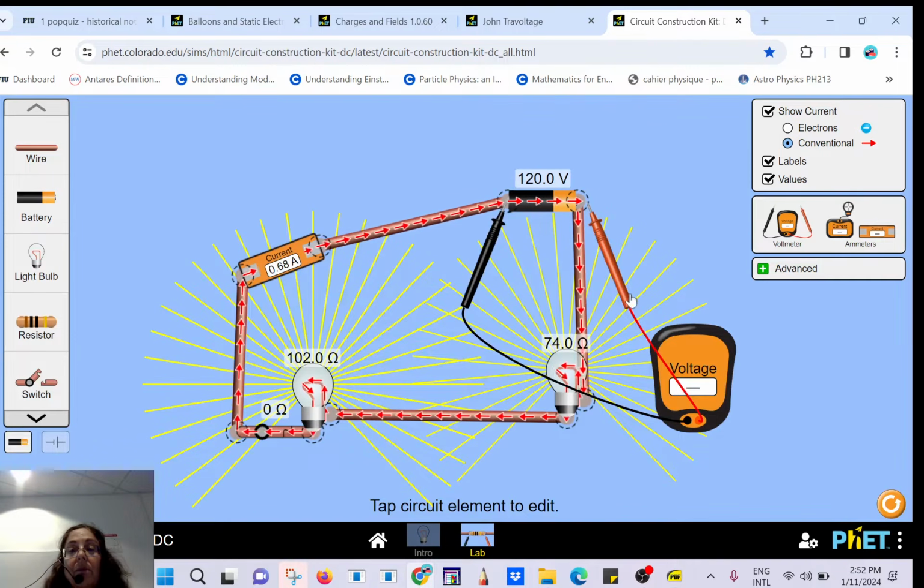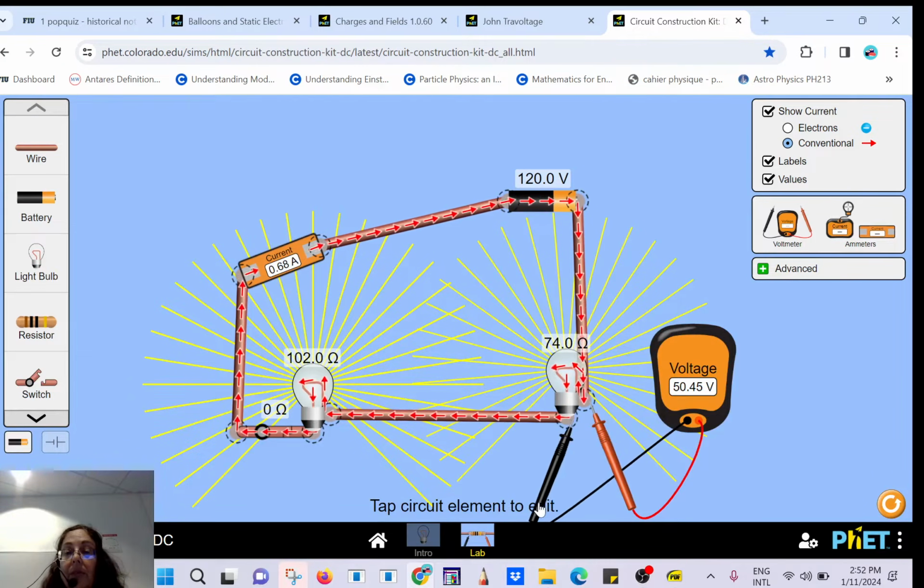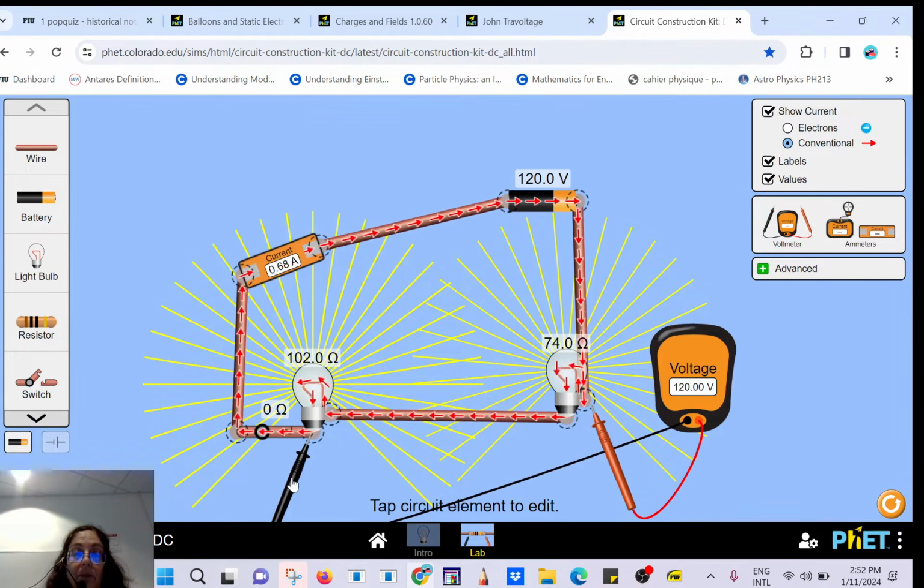That's going to be 120. You might think this one comes first, so it's going to take more voltage drop. No, it doesn't work that way. So I'm going to measure the voltage drop. It's about 50 volts. How much is left for the other one? Right? So it will be 120 minus 50.